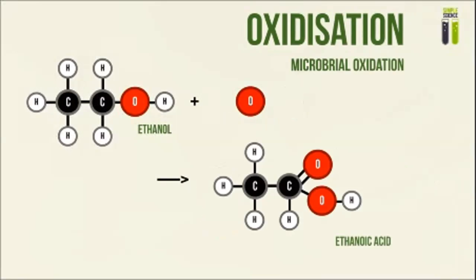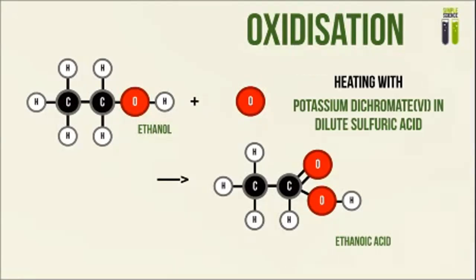In this case, ethanol reacts with oxygen through a particular means. In this first case, it is called microbial oxidation, whereby we are using microbes to aid oxidation. We're going to be producing a compound called ethanoic acid. Now, there's a secondary method, or rather a more prominent method, in which we can produce ethanoic acid through oxidation, and this is through heating with an oxidizer called potassium dichromate in dilute sulfuric acid.